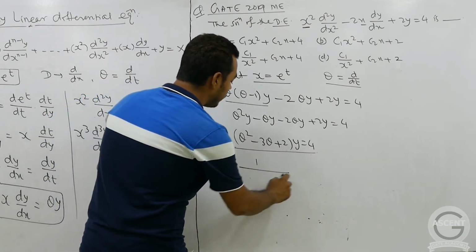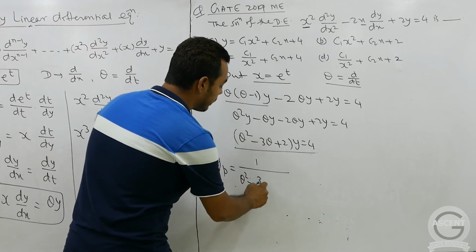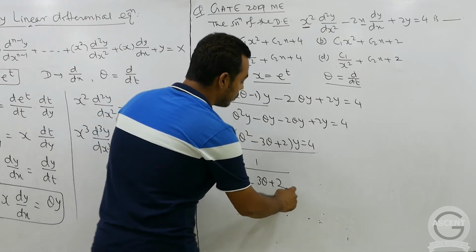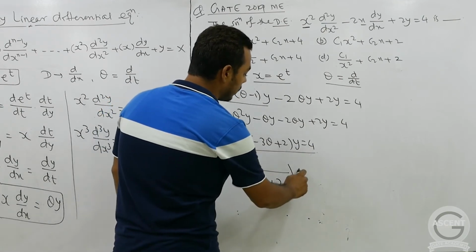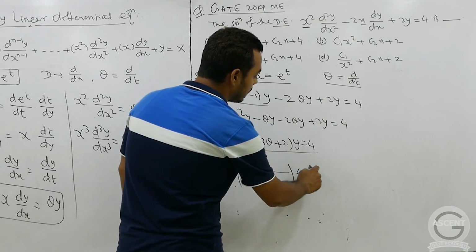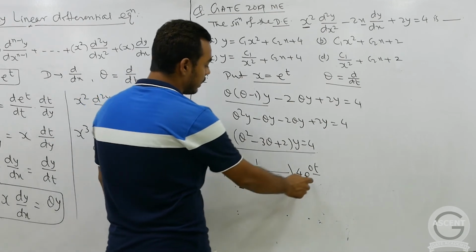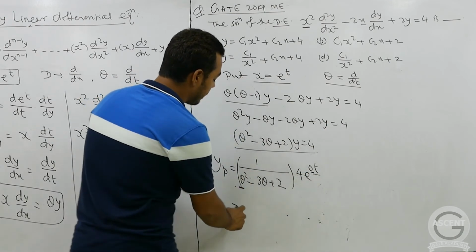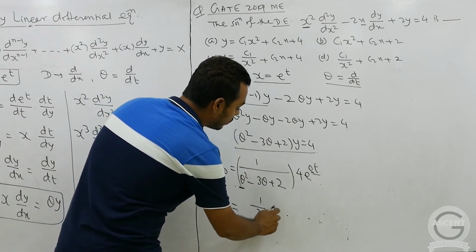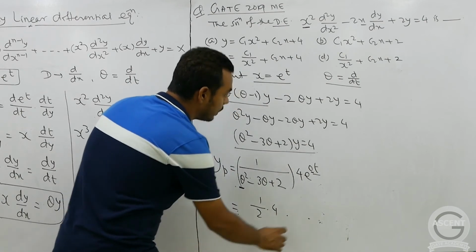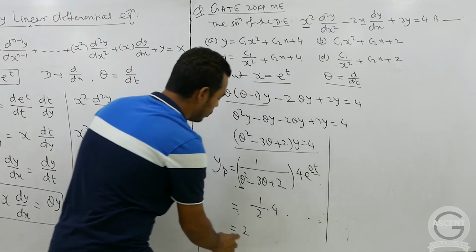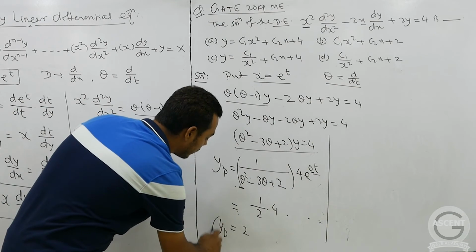Particular integral will be 1 by theta square minus 3 theta plus 2, and we have to operate this on 4. Now 4 can be written as 4 into e to the power 0t. So in place of theta we can put 0. So I will get 1 by 2 into 4, which is nothing but 2. So the particular integral will be 2.